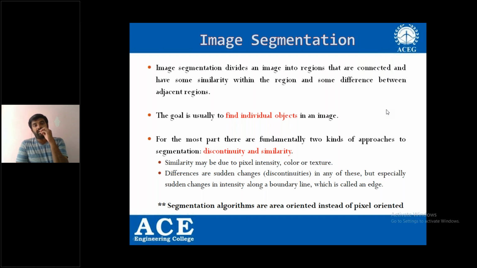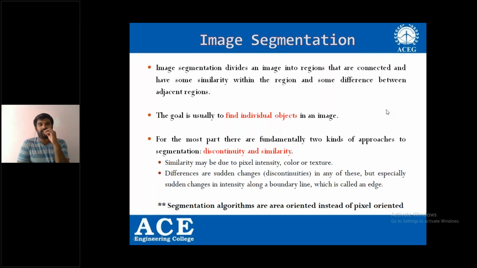Or based on the discontinuity also I can segment: where there is a discontinuity between the pixels at a particular point, you can separate the regions there. Either based on similarity or discontinuity, you can apply segmentation.